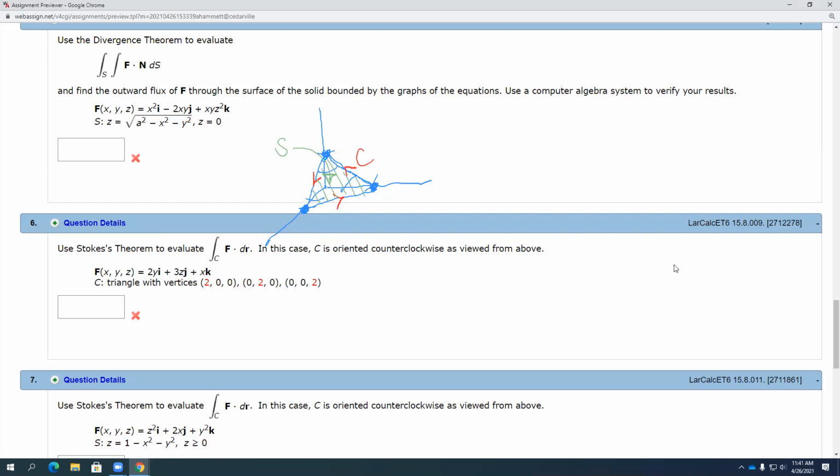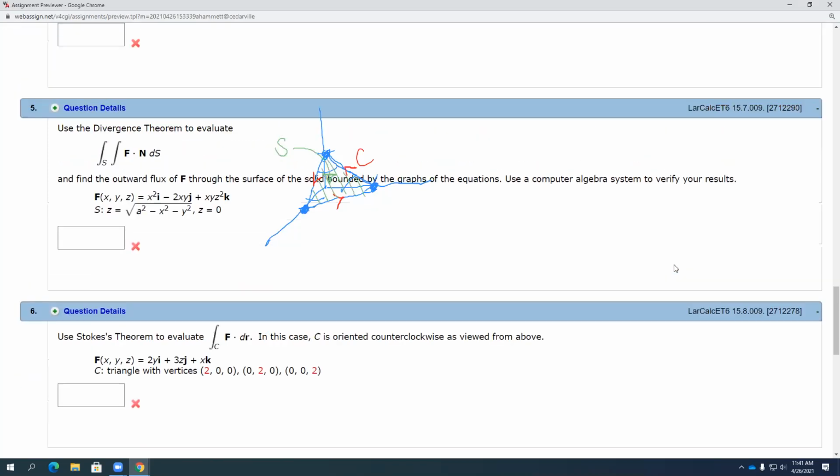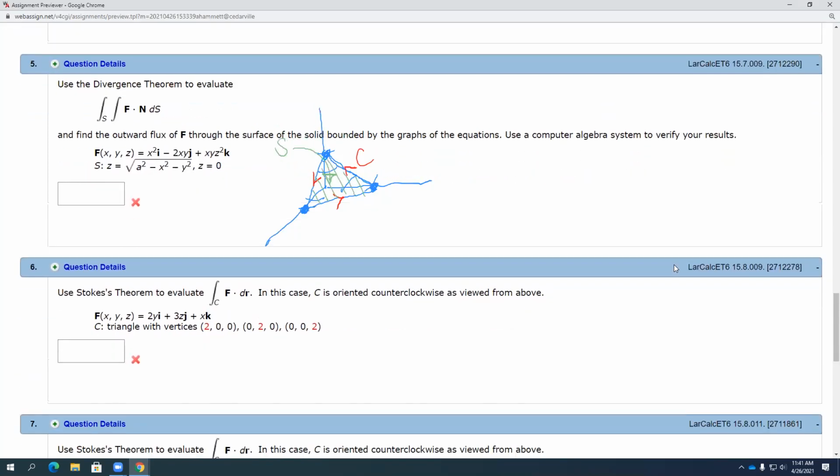Now, what Stokes' theorem allows me to do is to recast this integral as a surface integral. By the way, that surface right there, what is that? Let's write down what that surface is. S is given by what?